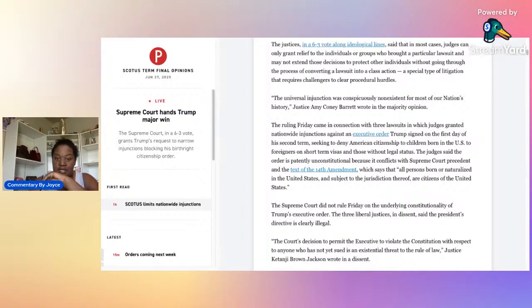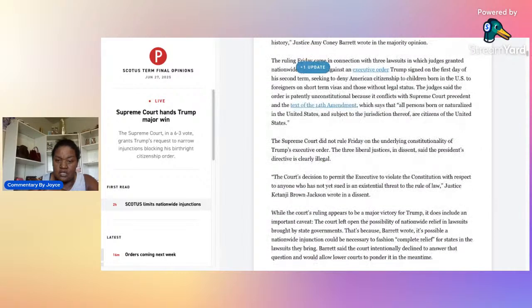Judges said the order is patently unconstitutional because it conflicts with Supreme Court precedent and the text of the 14th Amendment, which says that all persons born or naturalized in the United States and subject to the jurisdiction thereof are citizens of the United States. Okay, the Supreme Court did not rule on Friday on the underlying constitutionality of Trump's executive order.